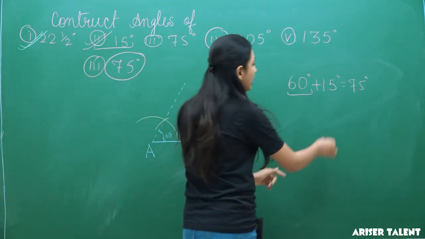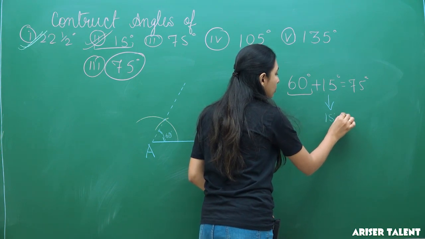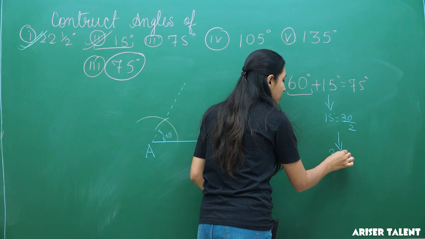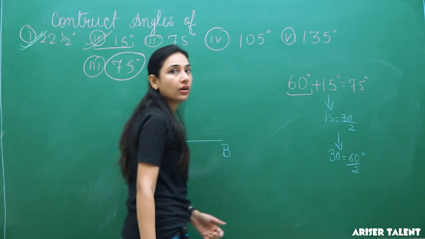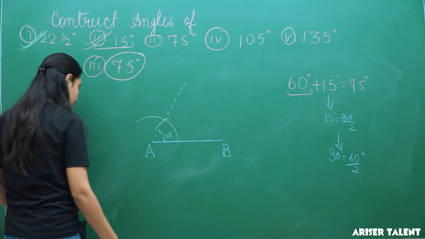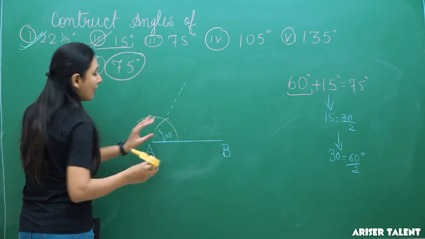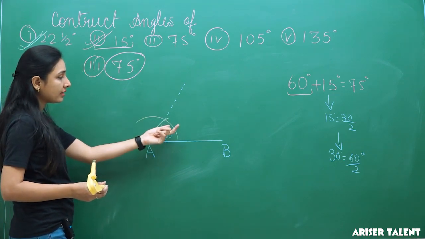Now 15 degree is equals to 30 degree by 2 and 30 degrees equals to 60 by 2. Okay, so I have to make first angle 60 degree. So again, after 60 degree, I'm going to have 15 degree here to get it 75.